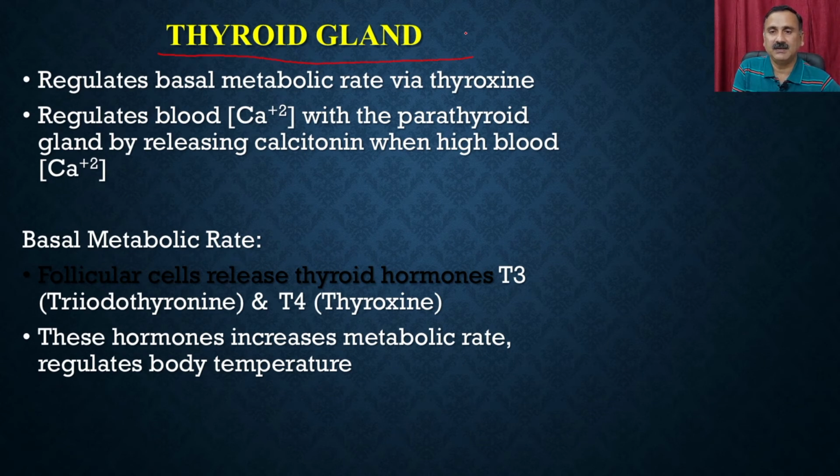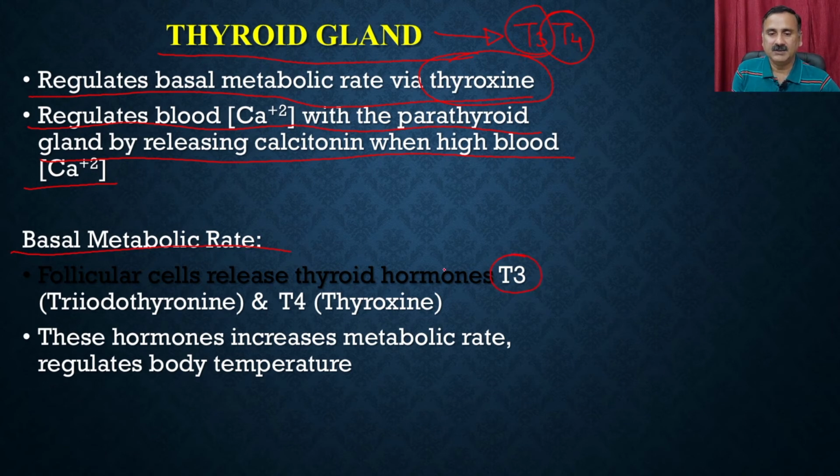Then we have the thyroid gland. The thyroid gland is secreting two hormones, one is called T3 and the other one is called T4. So, it regulates the basic metabolic rate via the secretion of thyroxine. It regulates the blood calcium with the parathyroid glands by releasing calcitonin when there is high blood calcium.